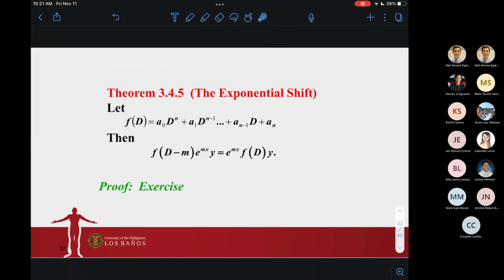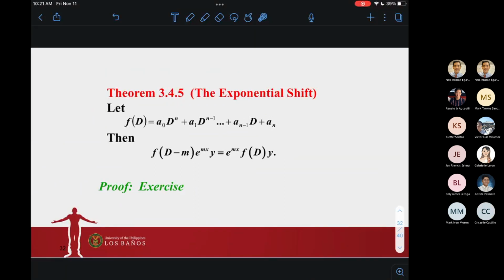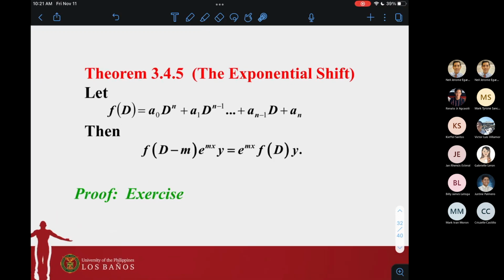corollary to, or actually, yeah, to theorem 3.4.4 is theorem 3.4.5, which I call the exponential shift theorem. Okay? Sinasabi lang ng exponential shift theorem na kapag meron kang auxiliary polynomial little f, tapos yung indeterminate, pinalitan mo ng derivative operator, then you can sort of shift the operator by factoring out an exponential function.